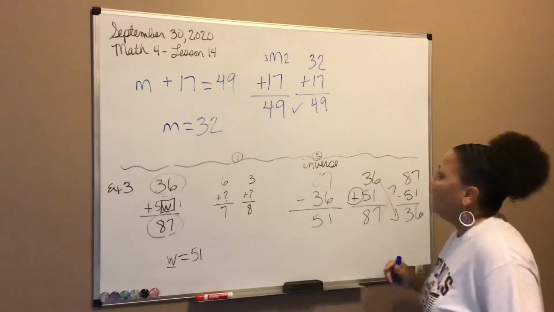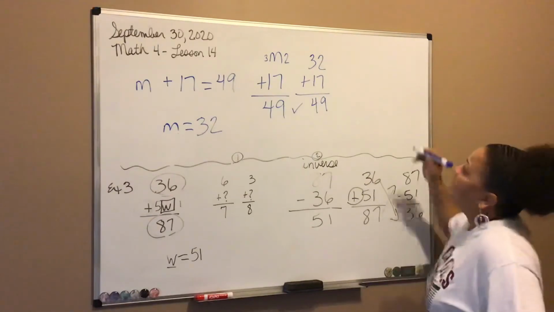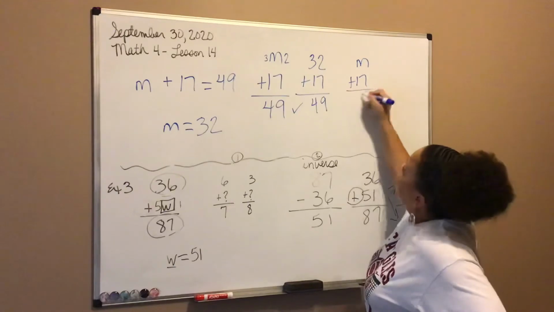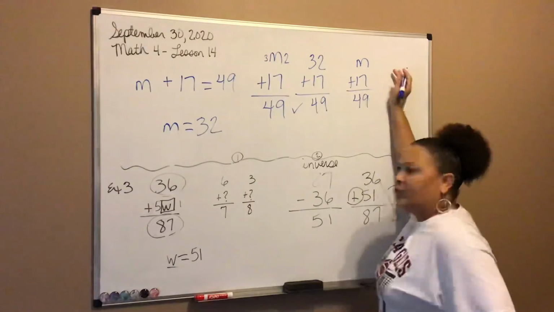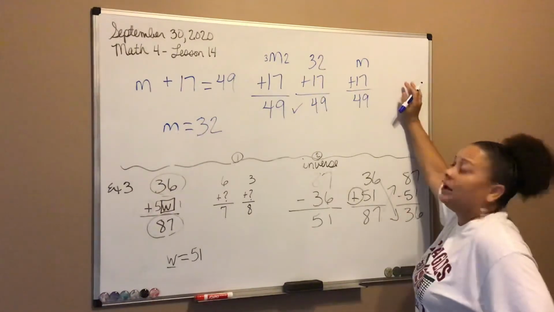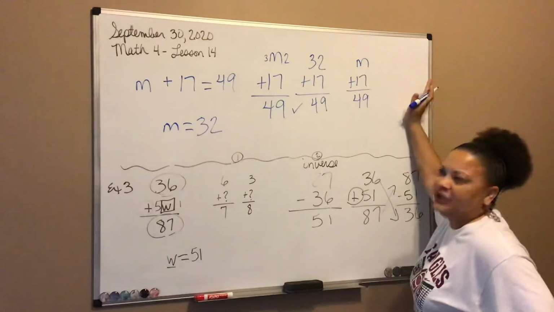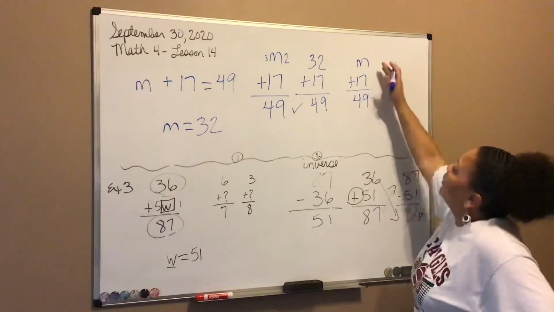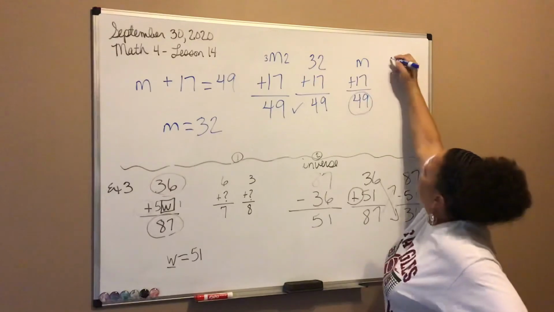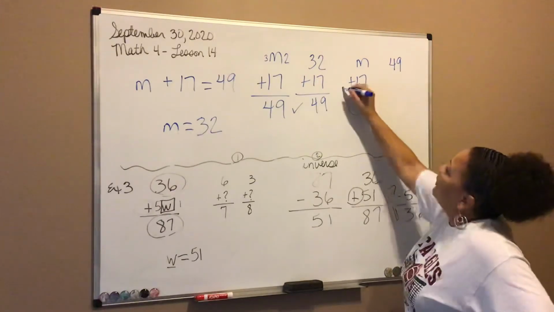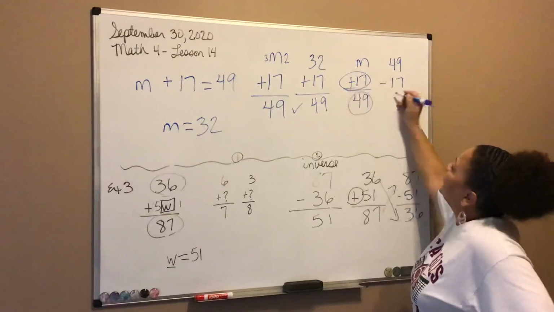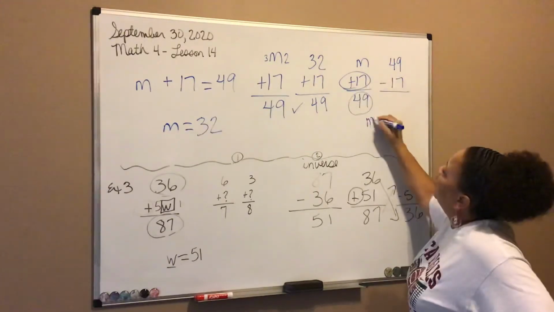Okay? All right, and so if we did the inverse, if we did M plus 17 equals 49, and these are more for my calculated thinkers and advanced students that are going to have to do inverse operations anyway, we have the 49 is our total, so we take our large number, okay, and then we turn this to subtraction, which is also our lower number, minus 17, and we should come out with what M is equal to.